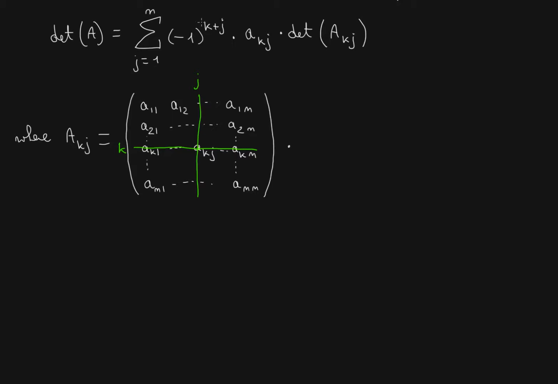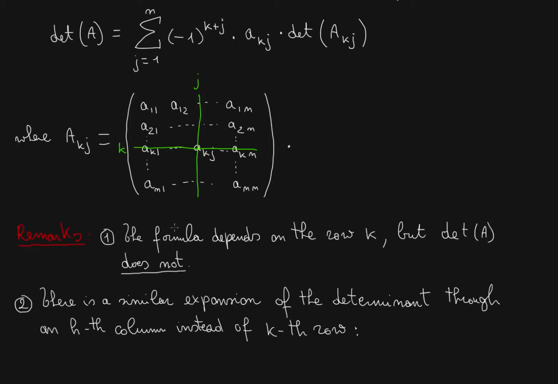But in fact it is a result that this expression will change if we change k, but the result of this summation will always be the same, and will always be equal to the same number, which we call the determinant of A. So the expression of the formula will depend on the row k, but the determinant does not.